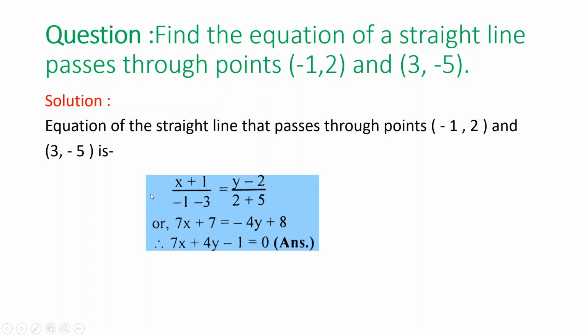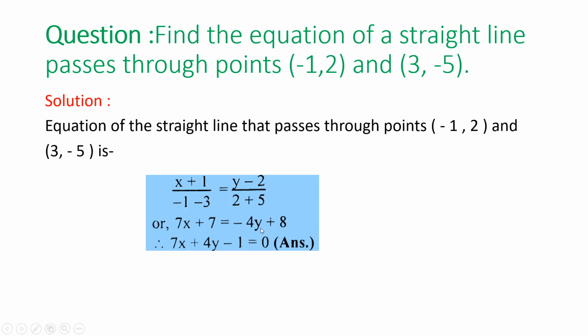From this, after calculation, we get 7x + 7 = -4y + 8. Here -1 - 3 means -4, and 2 + 5 means 7. Seven into x means 7x + 7 = -4y + 8.